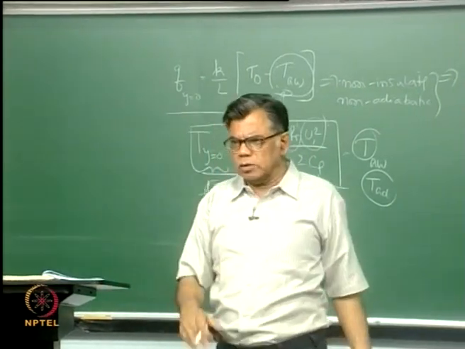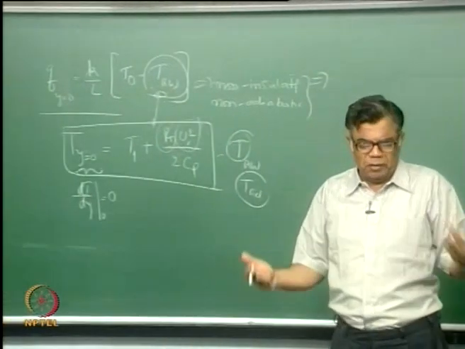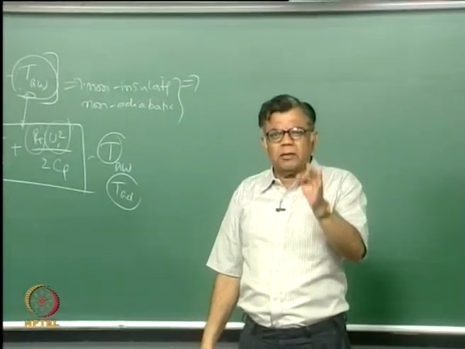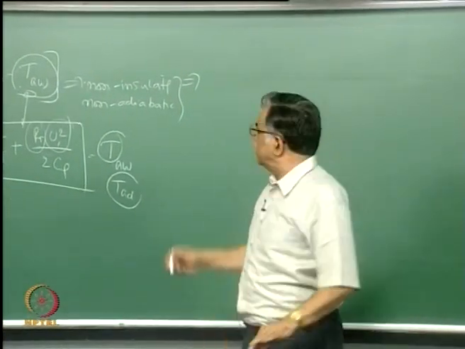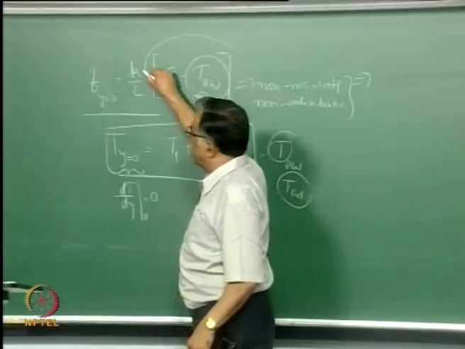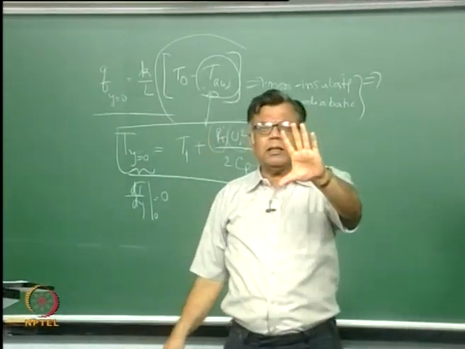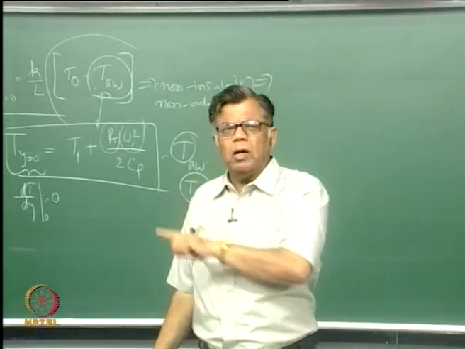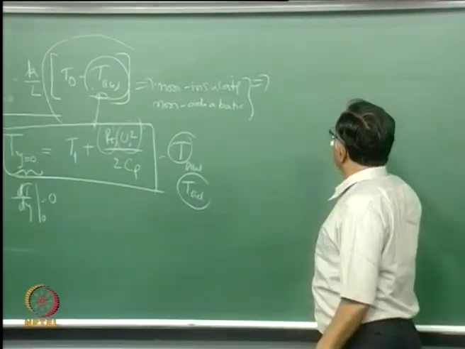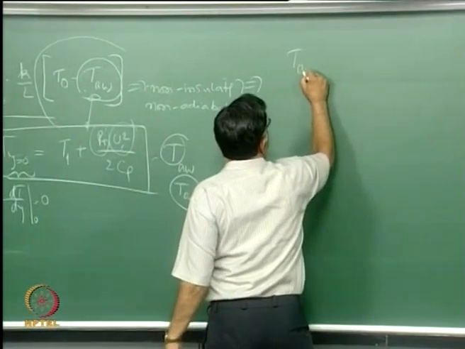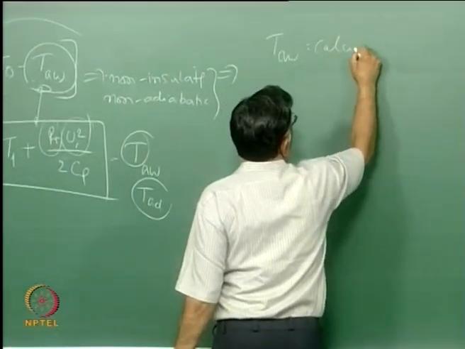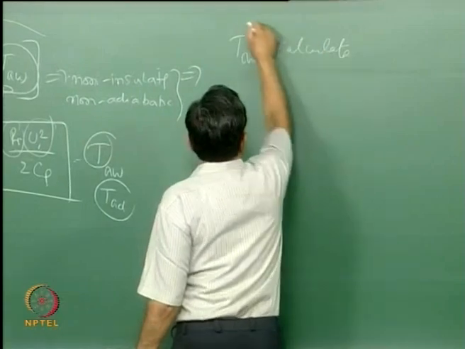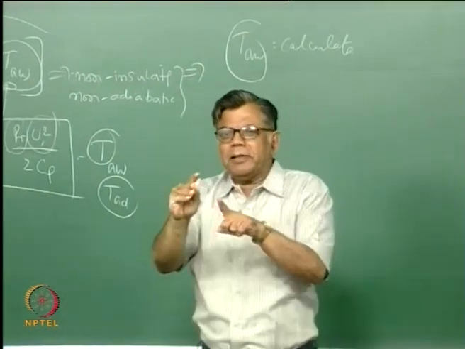Whenever there is relative velocity, that is in convection, the correct driving temperature potential is this, and not simply the temperature difference that you see on paper. Therefore, for all convection cases, the first thing that you have to do is calculate T_aw, even if it is not an adiabatic case.